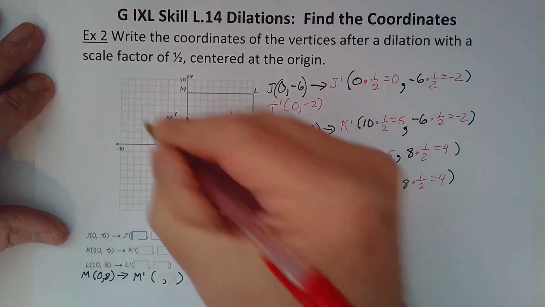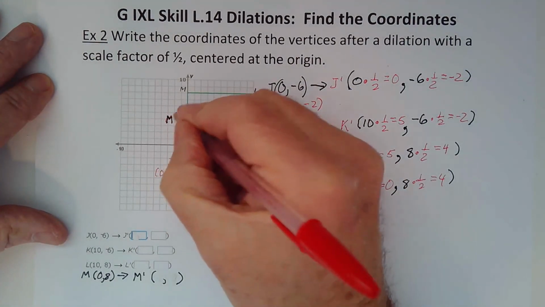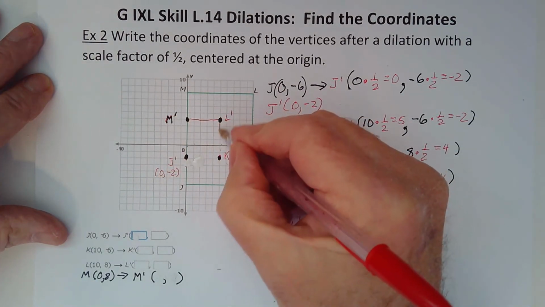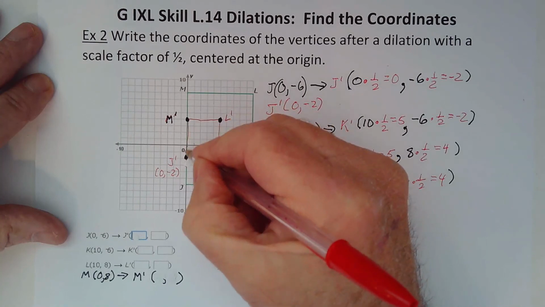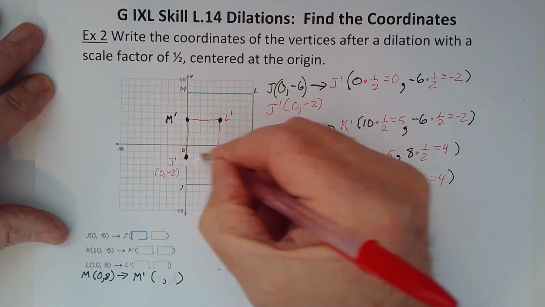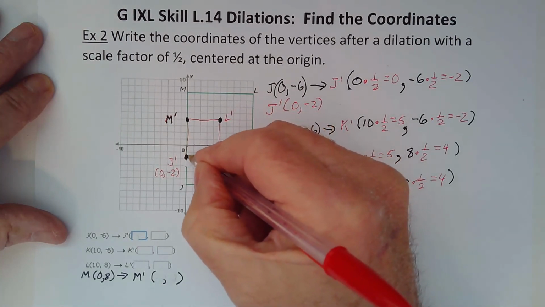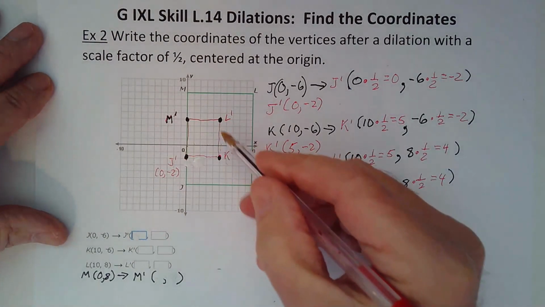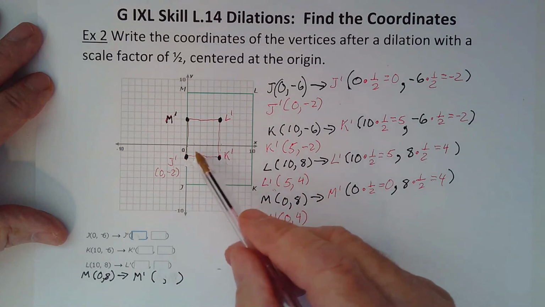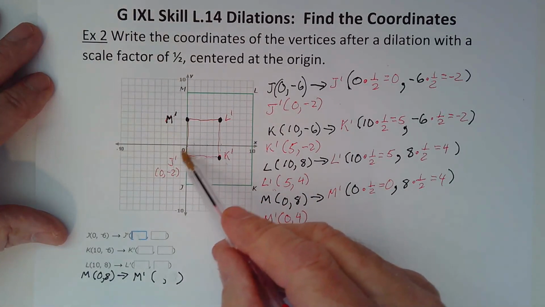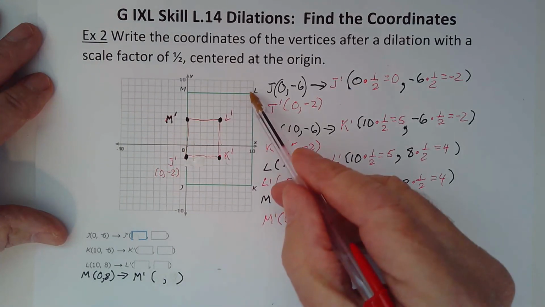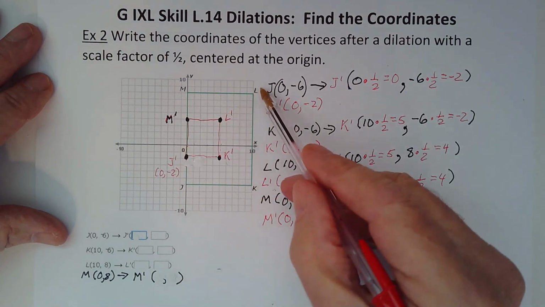Oops, I put that in black, but that's all right. Okay, so I'm going to just sketch this. Okay, so you've got your square that's half of it. And again, if you bother to run a line from 0 through L prime to L, you'll find that they're all in line.